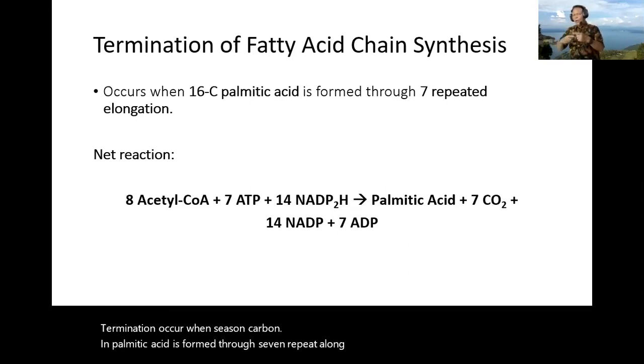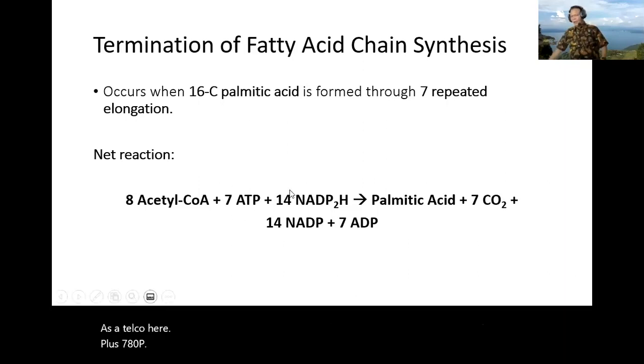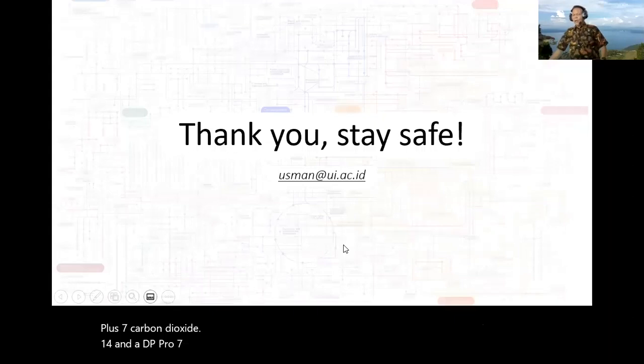So the overall reaction is: acetyl-CoA plus 7 ATP plus 14 NADPH will convert into palmitic acid plus 7 carbon dioxide plus 14 NADP plus 7 ADP. I think that's all for this moment.